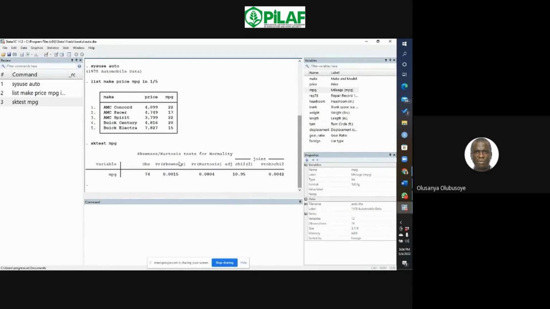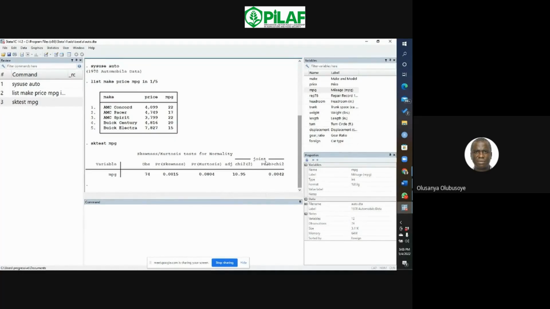The measure of skewness is said to be equal to 0. But this is giving you probability. So don't confuse it with the measure of the skewness. This is the adjusted chi-square test for this skewness. And this test actually combines the skewness, that is the tail behavior, with the kurtosis, that is the peakness behavior.